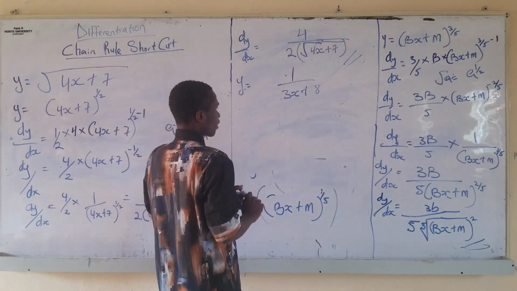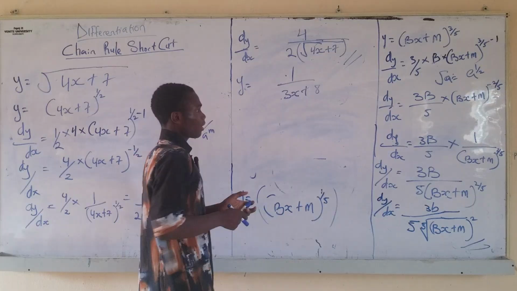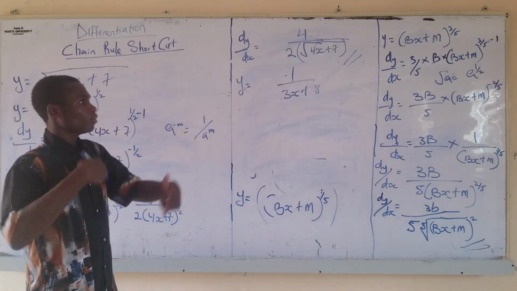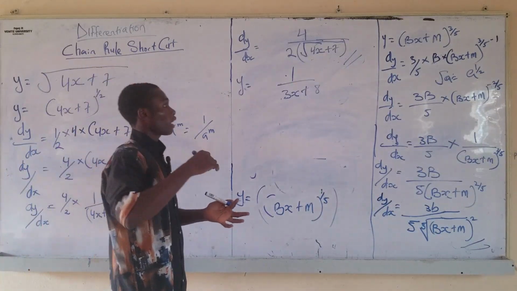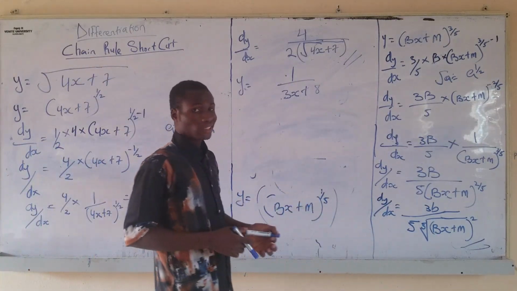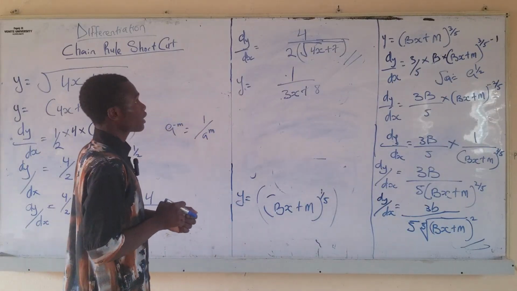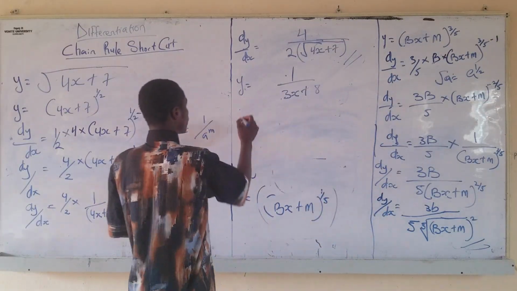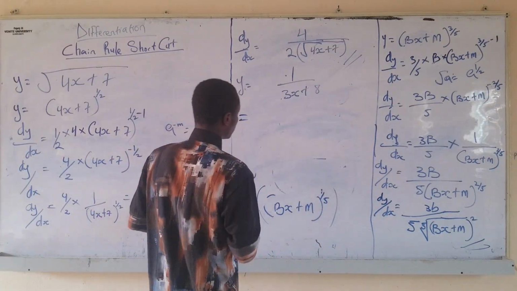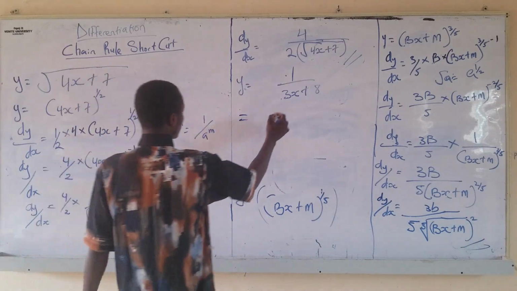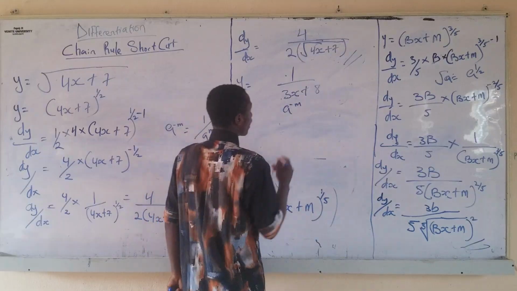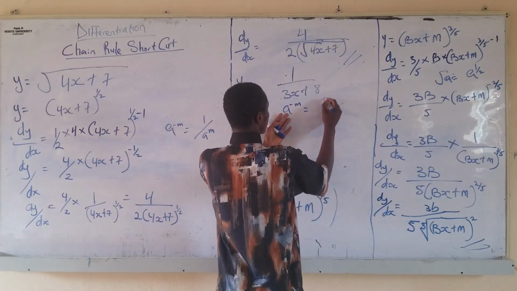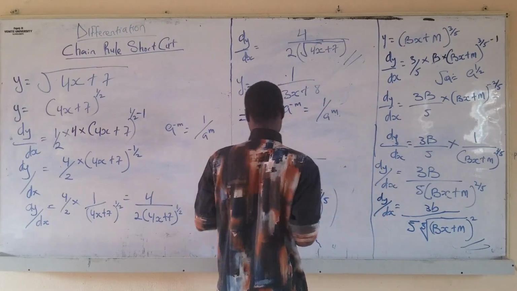Whenever I have a question in this way, first we need to make it in the form of index. In order to make this in the form of index, you have to apply the law of indices, which says a raised to power minus n is the same as 1 over a raised to power n.